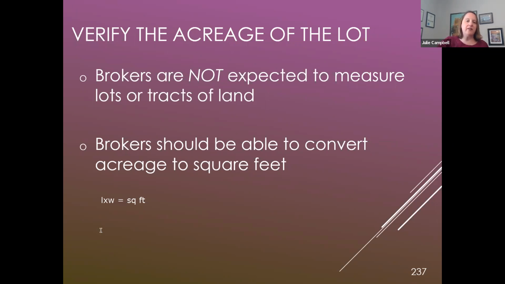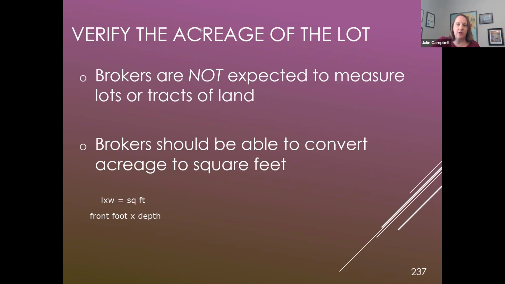When we're talking about land, we're using the same formula, but we tend to use different verbiage. Instead of saying length times width, it's not uncommon when we're talking about land and lot dimensions to say front foot times depth. So let's look at these terminologies.